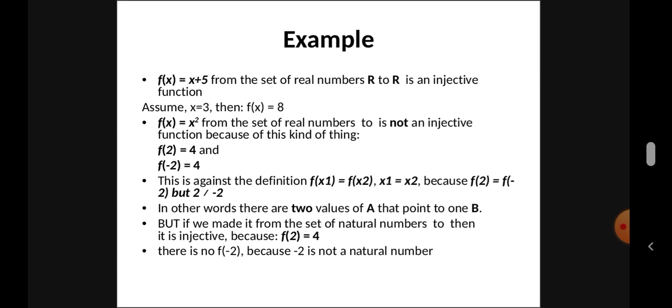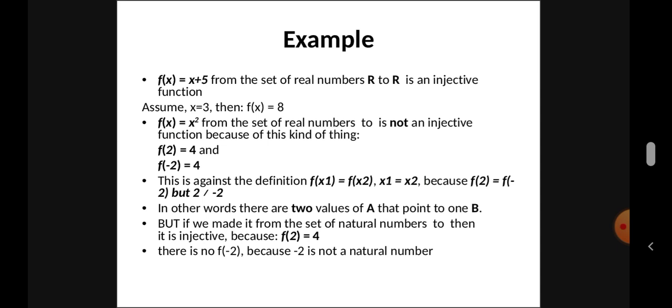Let's see another example. f of x is equal to x square from the set of real numbers is not an injective function. Why? Because f of 2 is equal to 4 and f of -2 is equal to 4. So if we assume the value x as -2, then also we get the answer 4. For both 2 and -2 we have the value 4, and that is not possible in the case of an injective function.